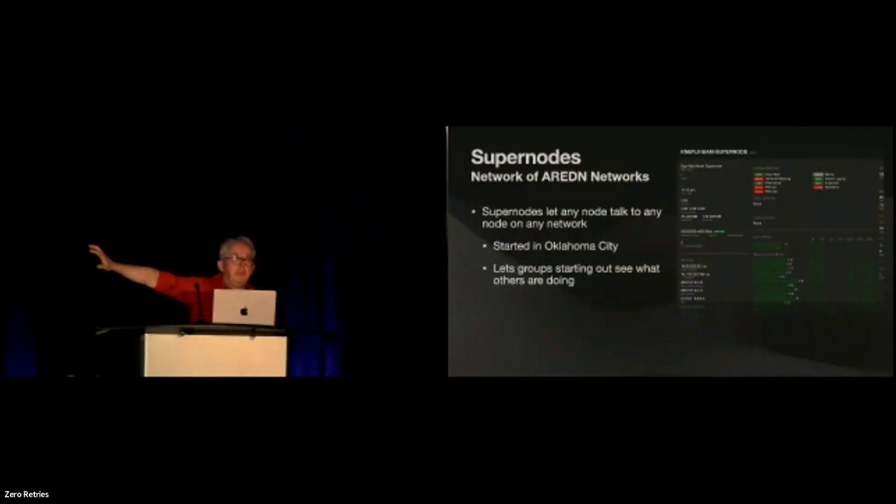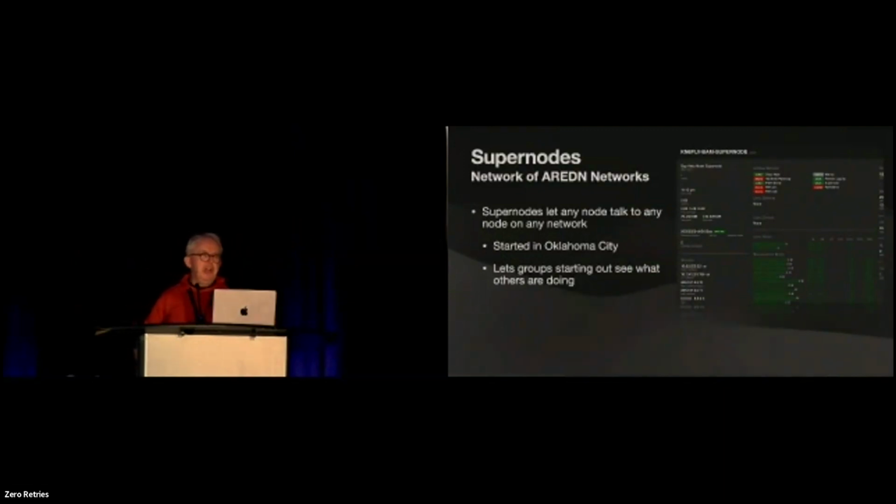The supernodes let us do some other interesting stuff as well. So the 44net talk gave us this idea of, well, wouldn't it be nice? And this comes up every now and again. Wouldn't it be nice if you could put 44net addresses on AREDN? And we're like, yeah, that'd be good. Okay. So in the current software, you can go to 44net and get your allocation of addresses.